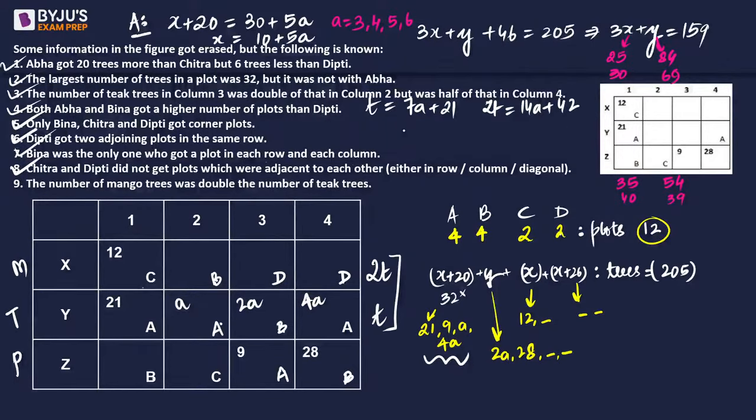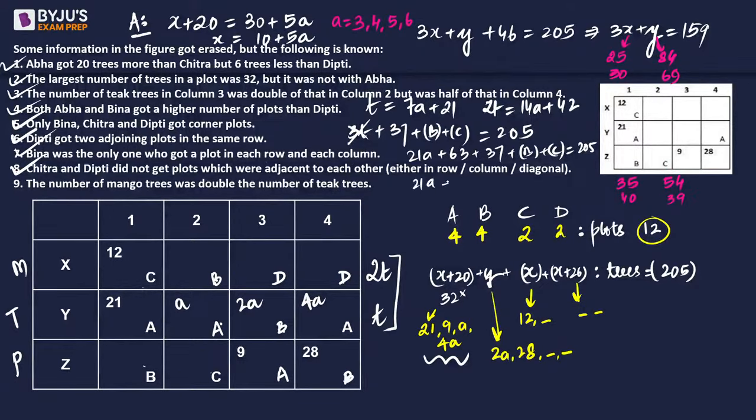So the sum so far is 3t plus 28 plus 9, which is 37, plus the value at the b cell and the c cell, the sum of these two. This should be 205. Instead of 3t, if I put in the values, I will get 21a plus 63 plus 37 plus b plus c equal to 205. 63 plus 37 is 100.